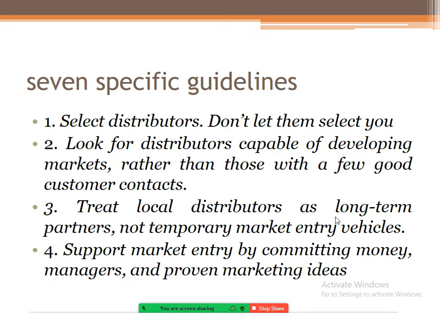A proactive market entrant can identify potential distributors by requesting a list from the US Department of Commerce and its equivalents in other countries. The local chamber of commerce or the trade association in a country can provide similar information. So, this is the first: select distributors, don't let them select you.